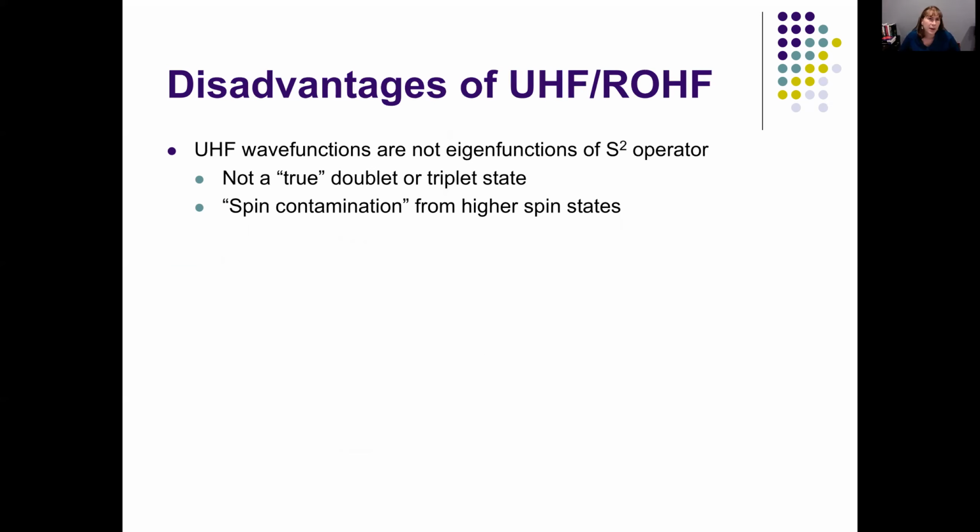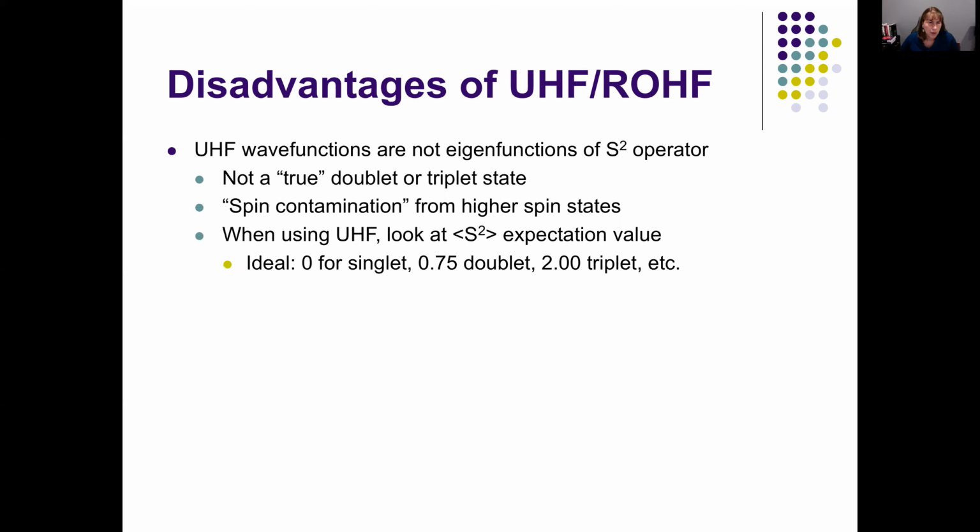All right, so let's talk about advantages and disadvantages of these methods. The big disadvantage of the UHF wave function is that it's not an eigenfunction of the S-squared operator. So the wave function that you end up getting out is not a true doublet or a triplet state. There's something called spin contamination from the higher spin states. And so when we are using UHF, we really want to make sure we look at this S-squared expectation value.